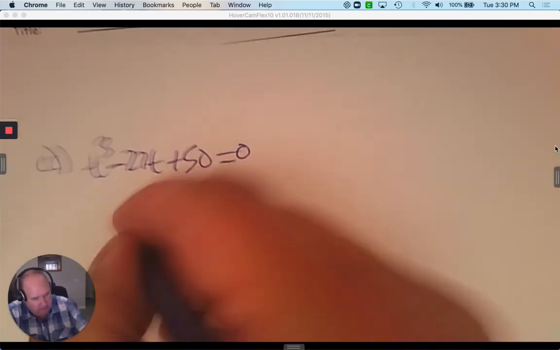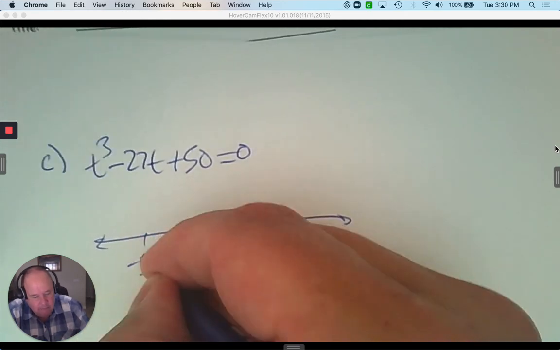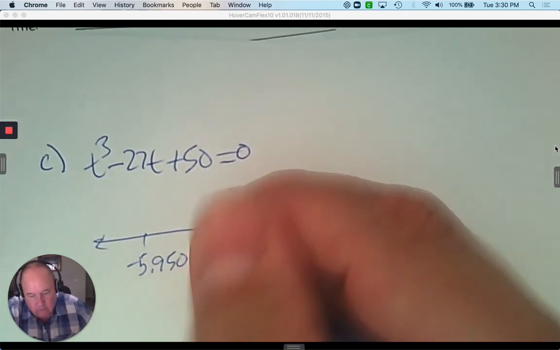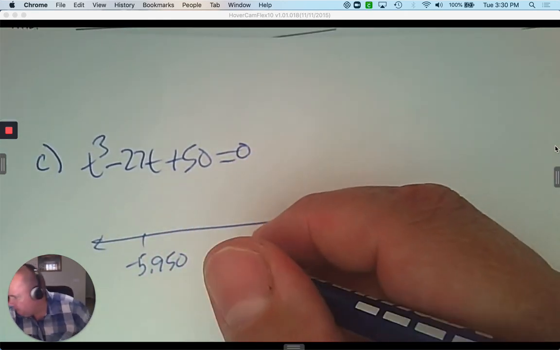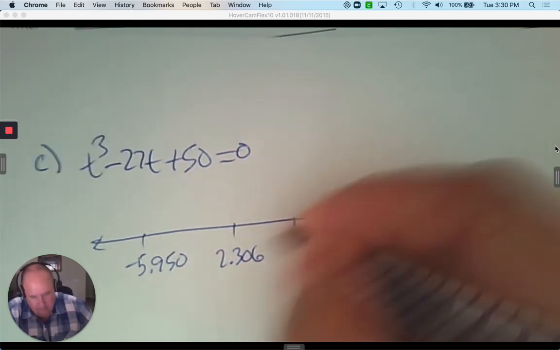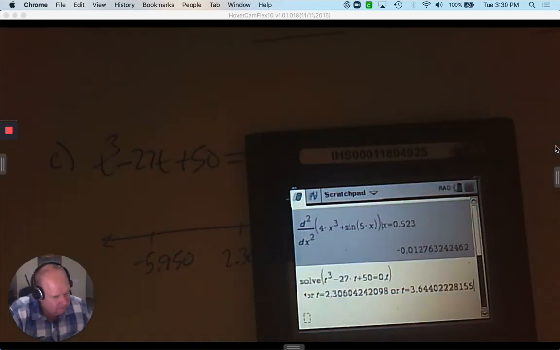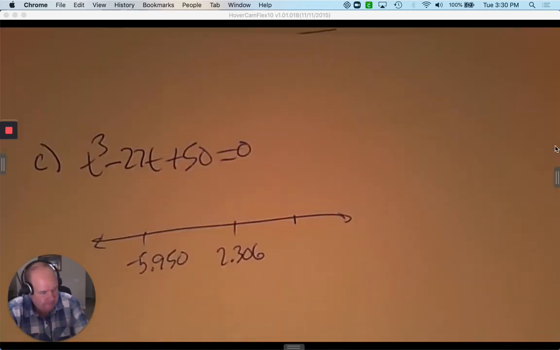So I'm going to put that on a number line. So negative 5.950. I also have 2.306. And I got one more there. I have to move the cursor over just a little bit, so highlight it and move it over, 3.644.